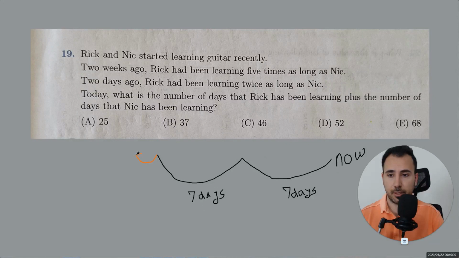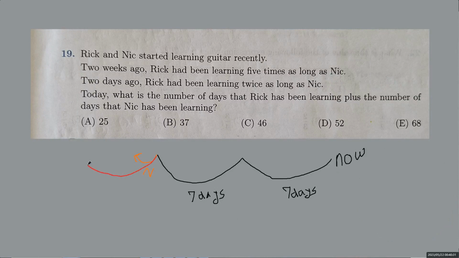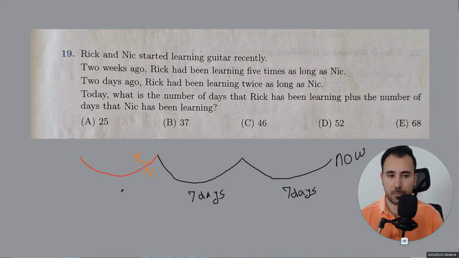Nick, for this much, do we know how many days? No. But we know that Rick was 5 times before this. So my red line should be 5 times as big as my orange line. That's why I draw it like that. Okay, we also have another time reference, which is 2 days over here. So I think the graph is complete now.